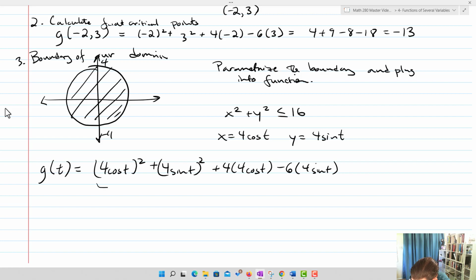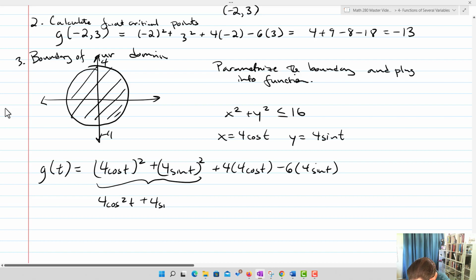That's 4 cosine squared t plus 4 sine squared t plus 16 cosine t minus 24 sine t.